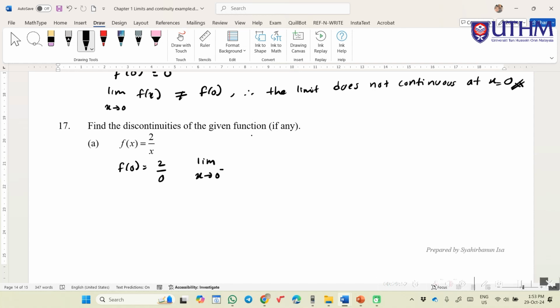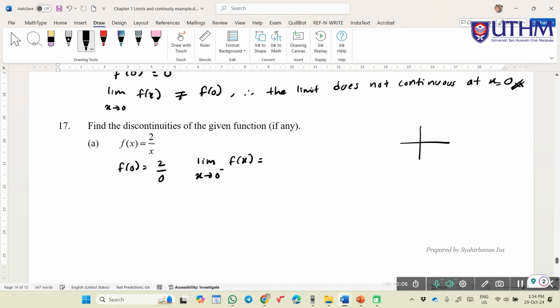Why? Let's look at the limit of f(x) from the left hand side. We can remember the graph, the hyperbolic graph. So the limit as x approaches 0 from the left hand side: if we look here, 0 is here, this is x, this is f(x).